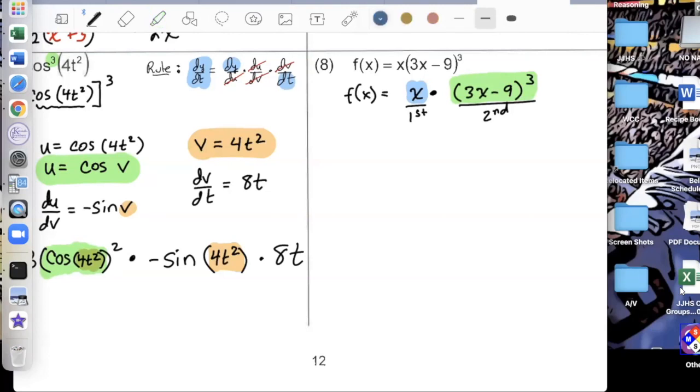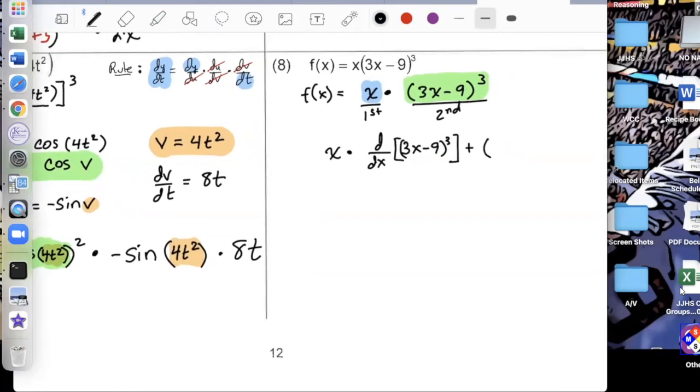But the first function or factor in this case multiplied by the derivative, I'm going to use the notation here, the derivative of the second factor, plus the second factor multiplied by the derivative of the first. That's what your f prime of x is going to be.